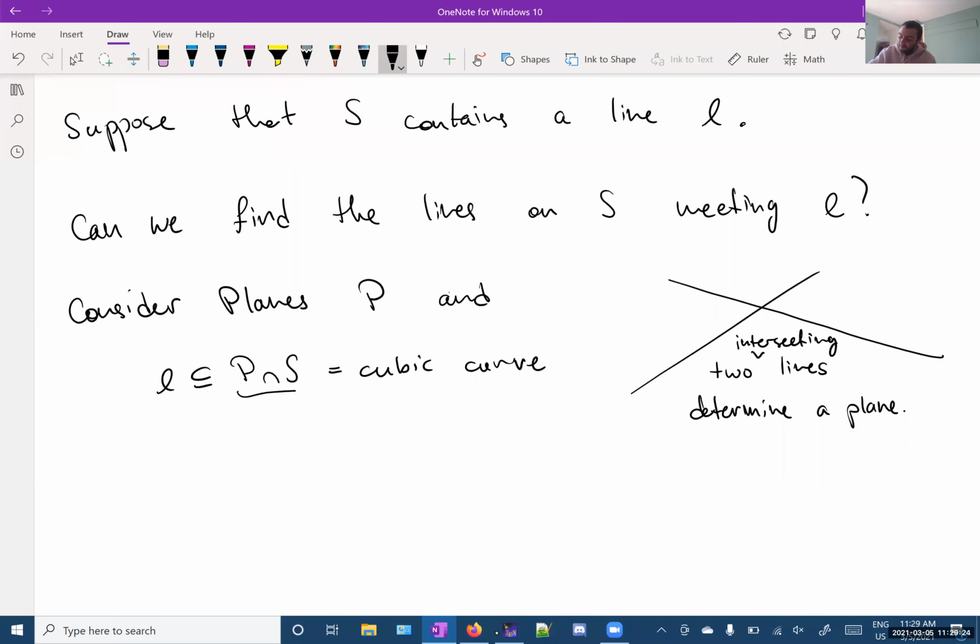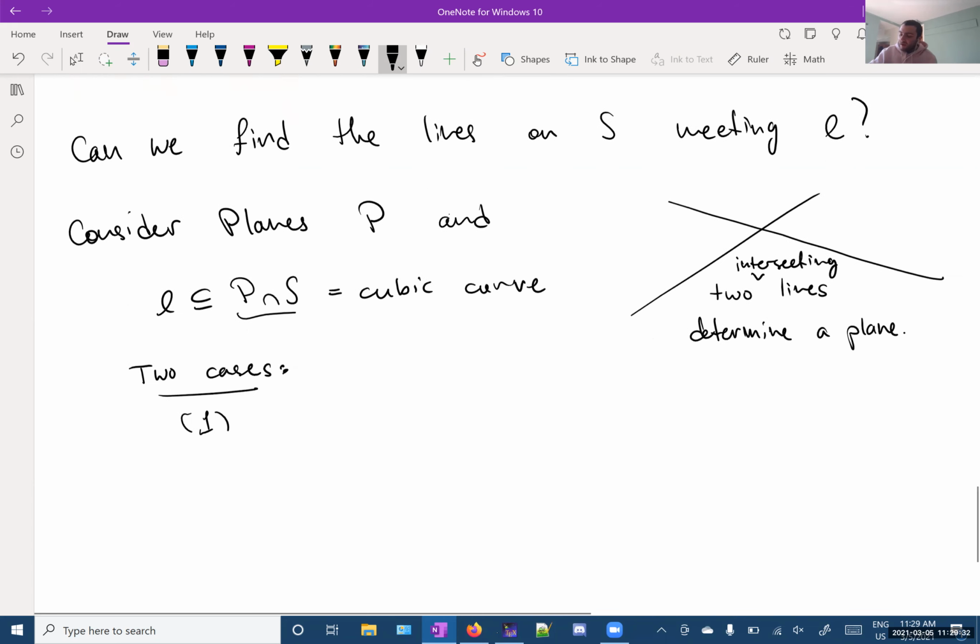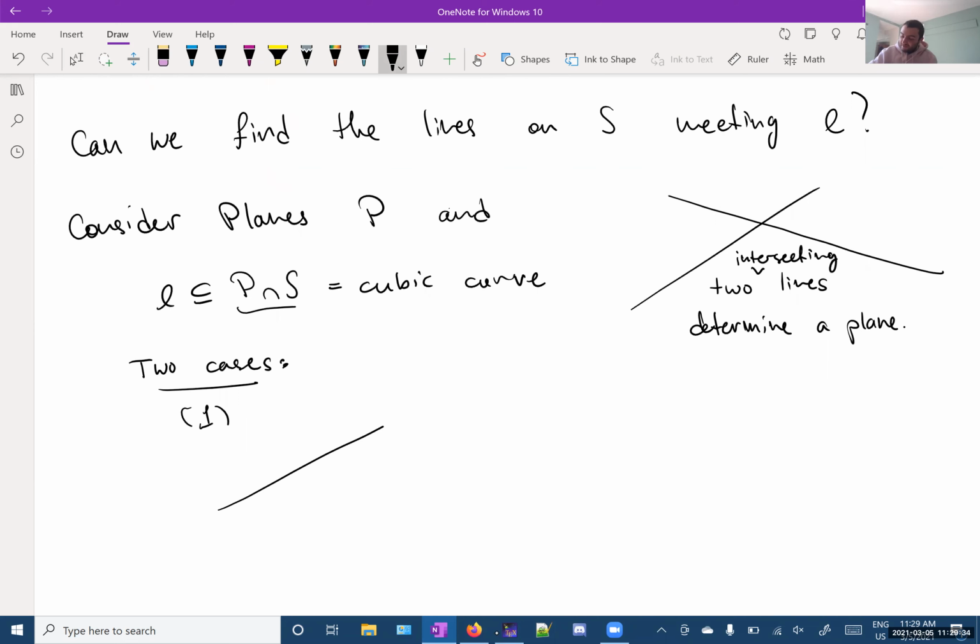Okay, so there are two cases. In case one, this curve is this line plus this conic over here. Maybe I'll call this L and I'll call this C. This is a conic and this is a line. And then in case two, this conic C is also degenerate, maybe.